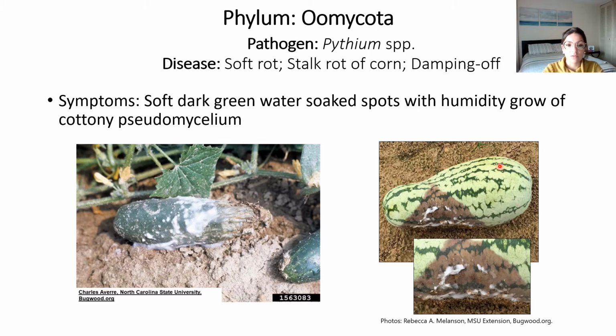The typical symptoms of this disease are soft, dark green water-soaked spots with humidity, and if there is free water, we're going to have the growth of cottony pseudomycelium, which is what we can see over here in the picture. Have you ever seen anything like this in your fridge? I think you have.